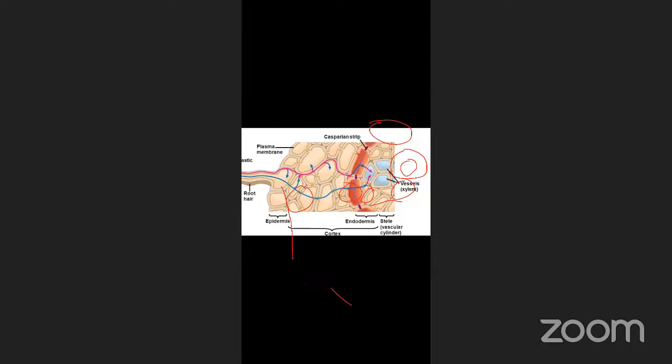That means from the root xylem to the shoot xylem to the leaf xylem, it finally evaporates. Because the xylem cells, the well developed xylem vessels, have no cytoplasmic strands.